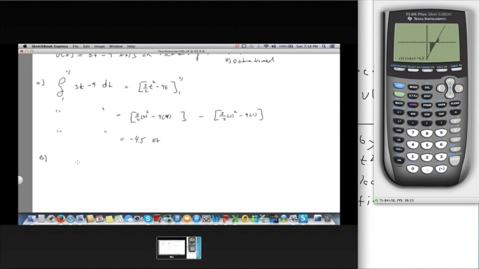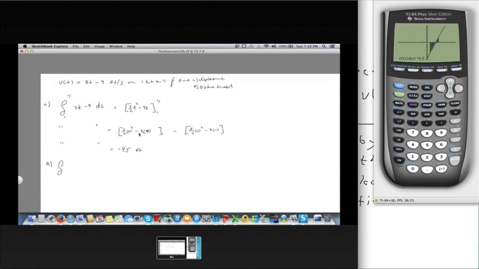So B, we're trying to find distance, from 1 to 4.